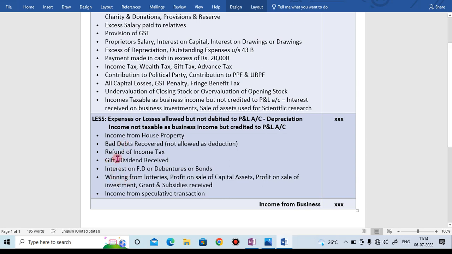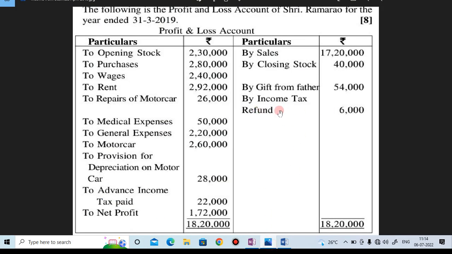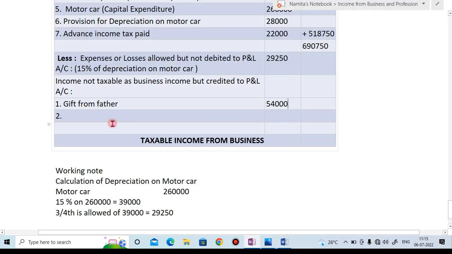So refund of income tax is not related to business income, still it is shown in the credit side. So income tax refund, 6,000.